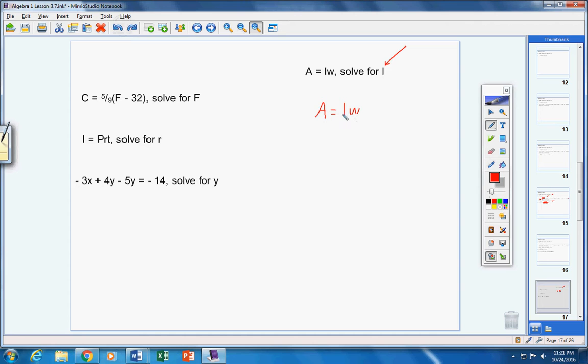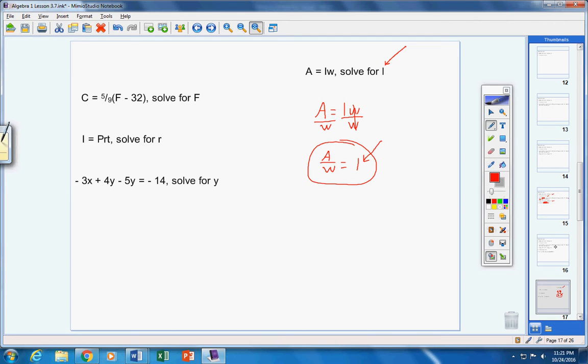Look, what is the W doing to the L? It's multiplying, right? What's the opposite of multiply? Divide. So divide by W. Over here, these cancel, leaving you with L. And over here I have A over W. There I did it. I finished. I solved the equation for L. L is all by itself.